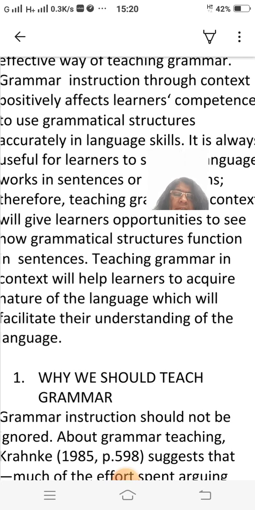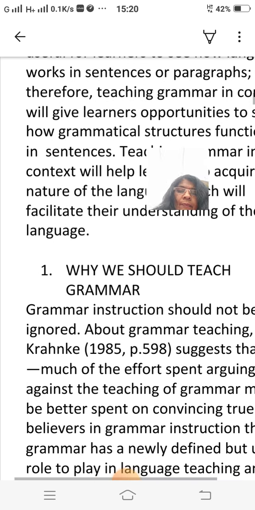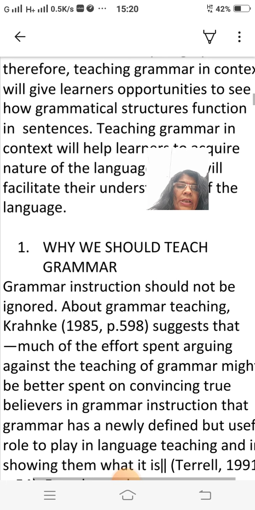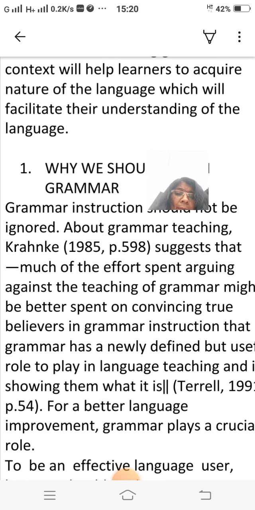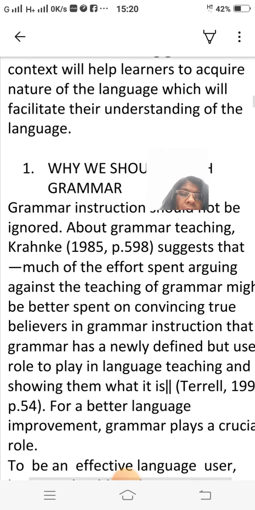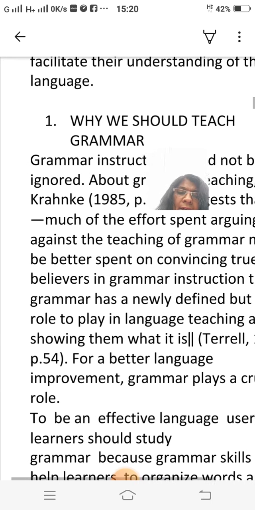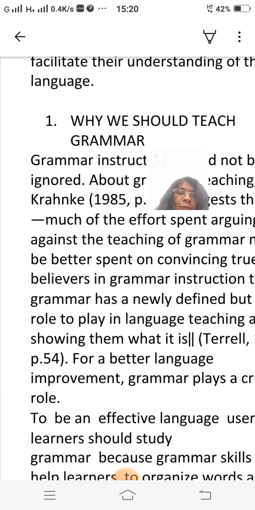Why should we teach grammar? Grammar instruction should not be ignored. Grammar has a newly defined but useful role to play in language teaching.